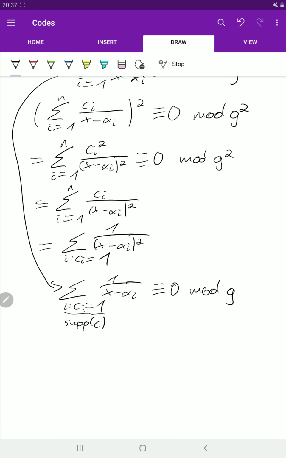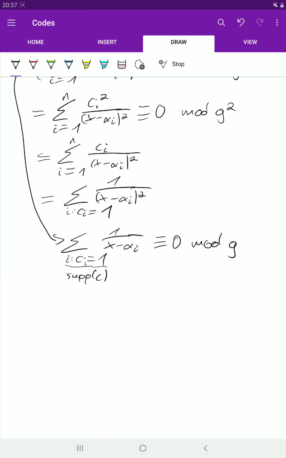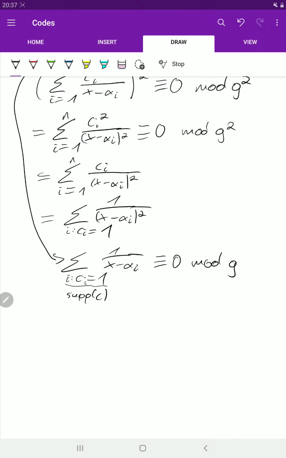Okay, and now let's go on. So what can we do now? Well, this part with squaring didn't lead us anywhere. This doesn't look too good, so let's see what we can do.